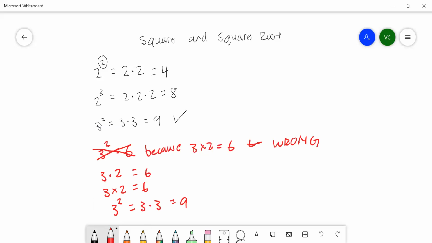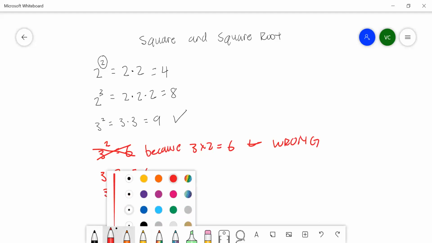All right. So now that you know what it means to square something, we are going to talk about what it means to take the square root of something. Let's use blue.